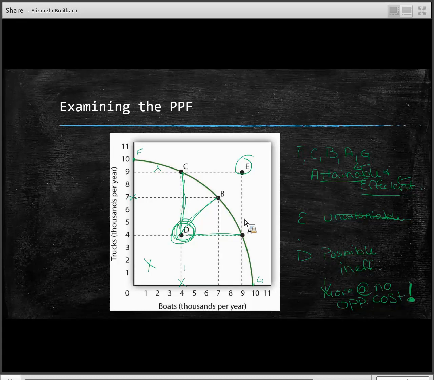So there's no opportunity cost when we're sitting at a point D, and that's because we're not at full employment. We call that attainable or possible, but inefficient. It's an inefficient allocation of our resources.